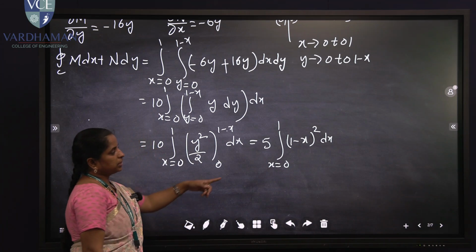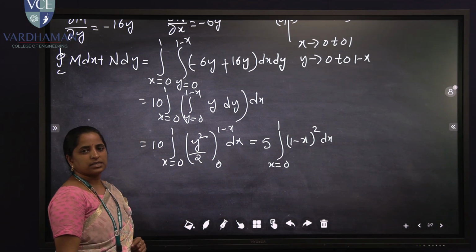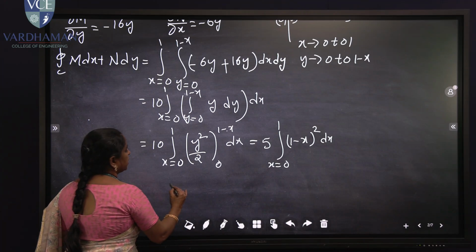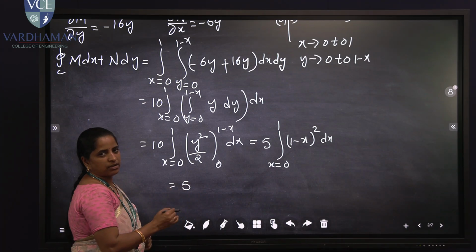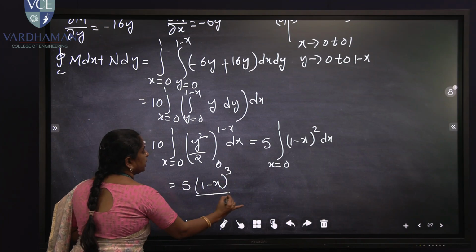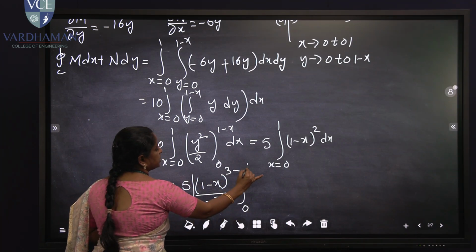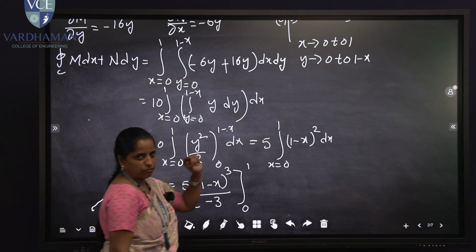Now we have to do integration with respect to x. So the integral of 1 minus x whole square, after doing the integration, will become 1 minus x whole cube by minus 3. Now substitute the limits. The limits are 0 to 1.